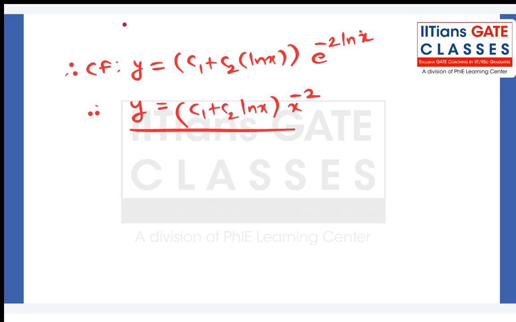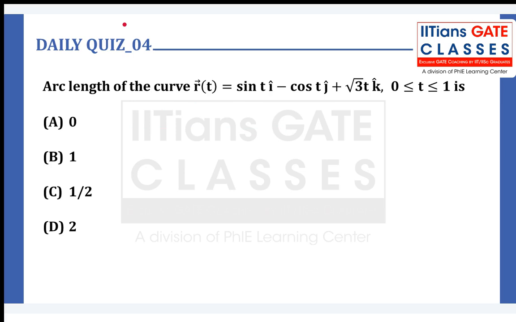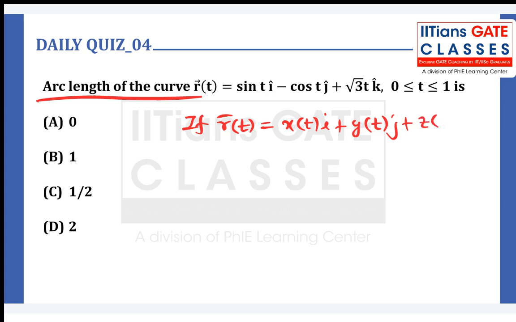In the next question, they are asking you to find the arc length of the curve. And this curve R bar is parameterized with some variable t. This is also something we have discussed in our regular classes. If you have a parameterized equation of curve, let's say R bar, which is parameterized by t, and it is nothing but x of t i cap plus y of t j cap plus z of t k cap, then the arc length is given by the formula, which is nothing but the integral of the magnitude of dr by dt.